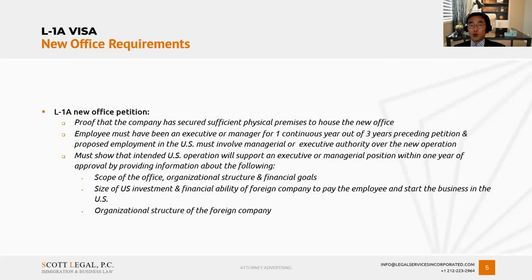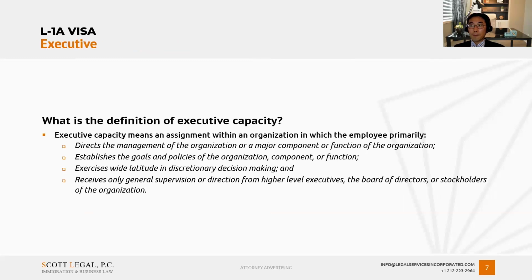For example, if the beneficiary is a CEO and you only hire a receptionist after 1 year, then USCIS will assume that you are still doing all kinds of actual work, such as sales and marketing, things that are usually not within the general definition of executive job duties. That's why it is very important that L1A and L1B new office categories hire enough US workers at the end of 1 year.